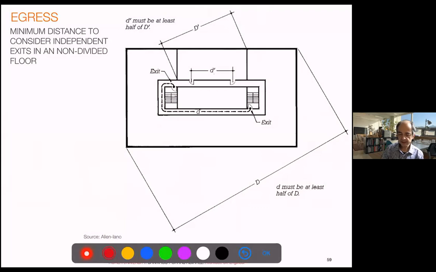When you have 2 distances, you will try to have them as far apart as possible, so the possibility of them being blocked is minimal. Same with the corridors, you have corridors around, right? So you will always try to have as much independence as possible, so if there's a fire, one of the alternatives will always be free.